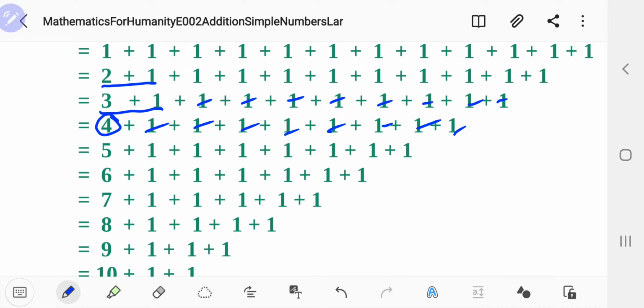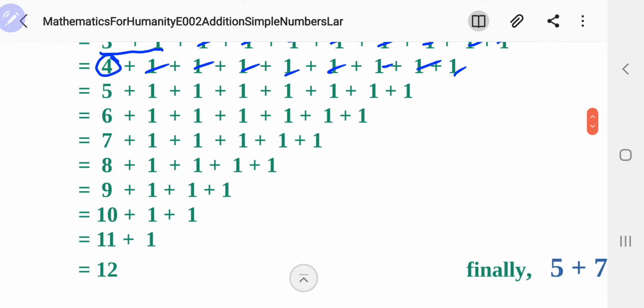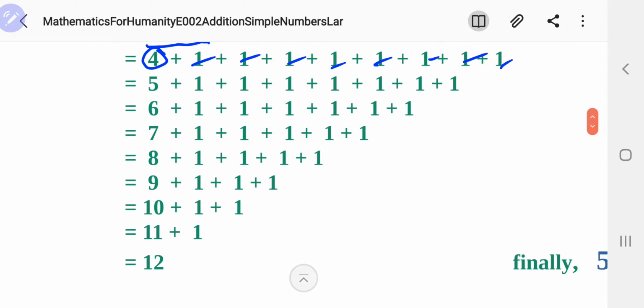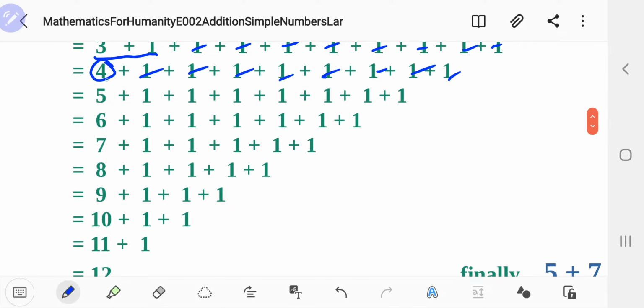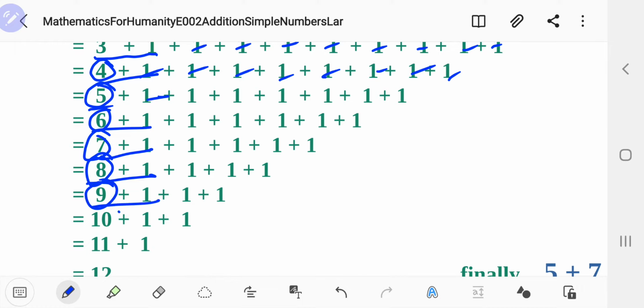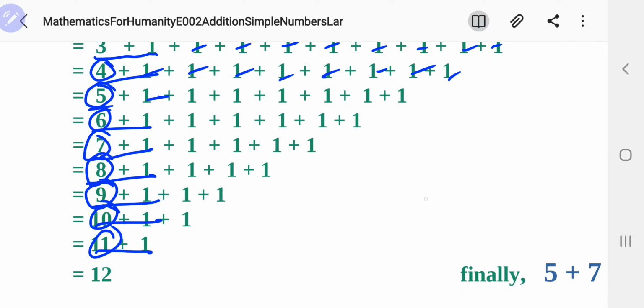You repeat the process every time. And then you will get this one. So by adding 4 plus 1 until you consume all the ones, 4 plus 1 is equal to 5, 5 plus 1 equals 6, 6 plus 1 is equal to 7, 7 plus 1 is equal to 8, 8 plus 1 is equal to 9, 9 plus 1 is equal to 10, and then 10 plus 1 is equal to 11, and then 11 plus 1 is equal to 12.